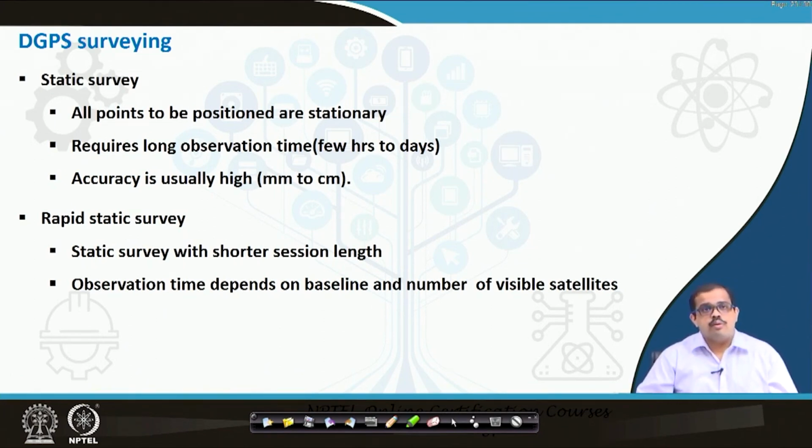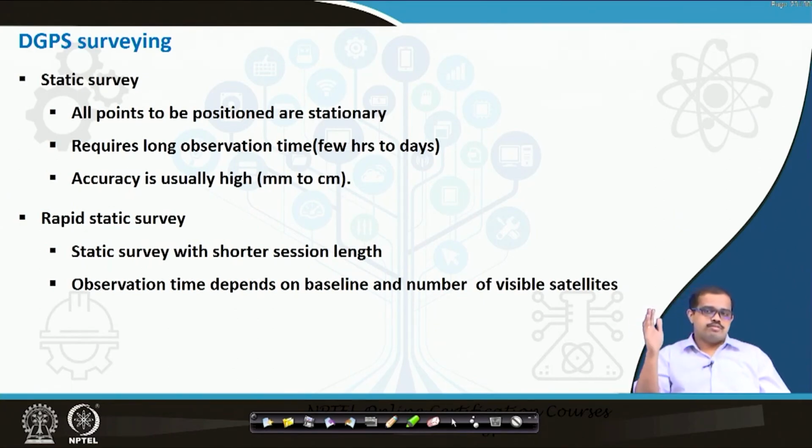This requires a long observation time, a few hours to a few days, and the accuracy is very high. Normally, static surveys have an accuracy of millimeters to centimeters, normally less than a centimeter.